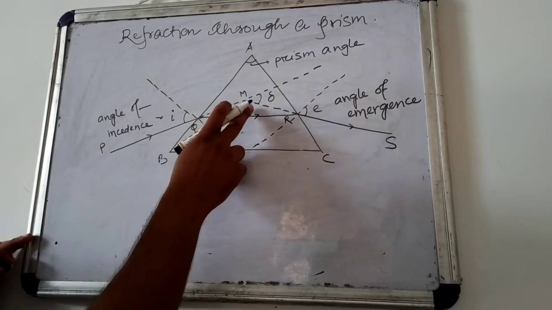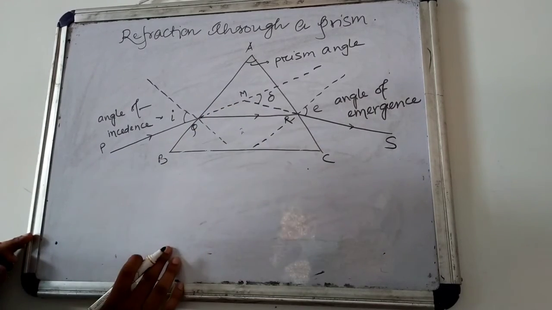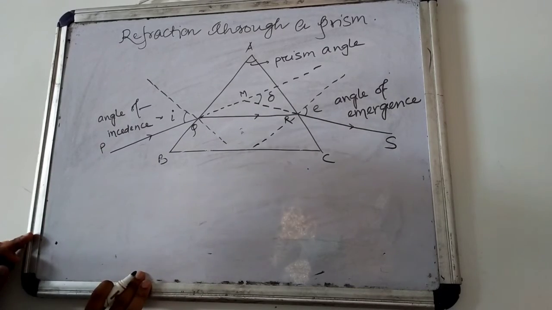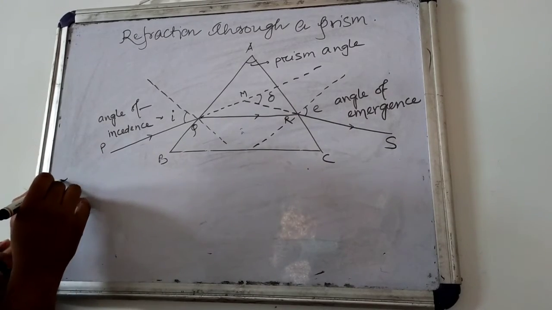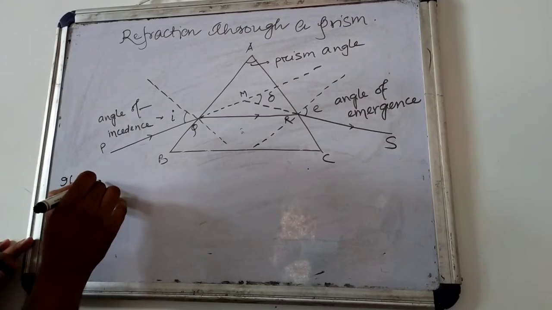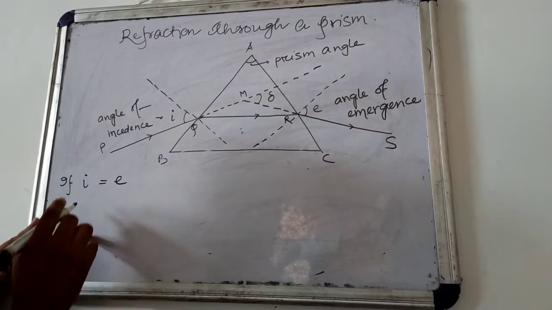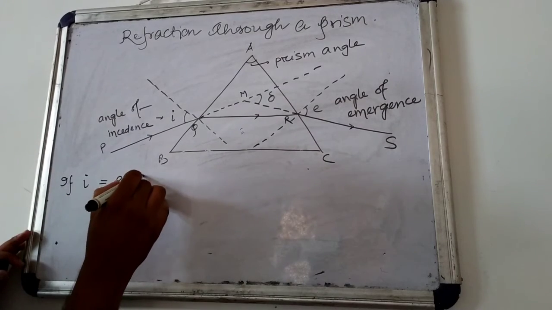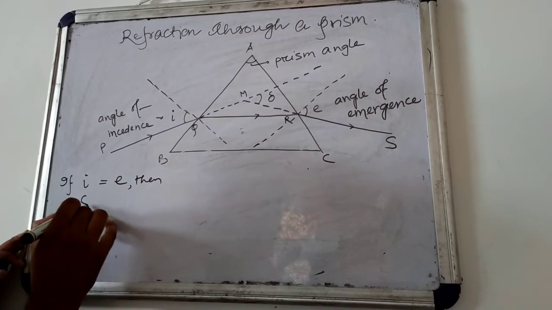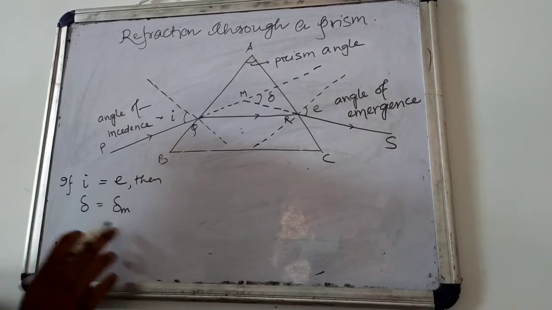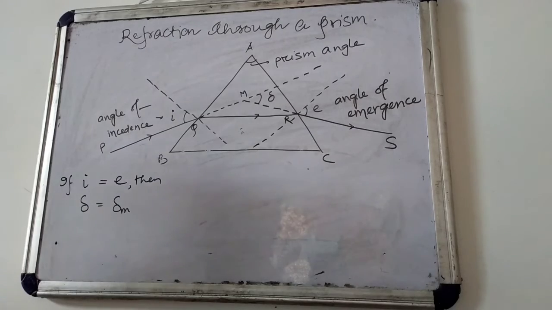So angle of deviation will be minimum if angle of incidence and angle of emergence become equal. That means if angle of incidence becomes equal to angle of emergence, then angle of deviation delta will be equal to delta m. That means angle of deviation will be equal to angle of minimum deviation.